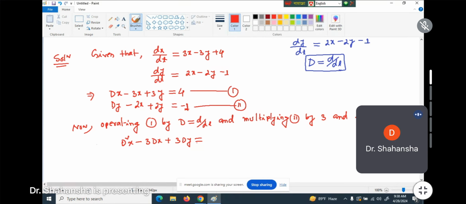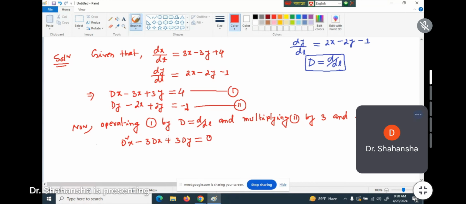Why 0? Because D means derivative. We are operating, meaning taking derivatives. So 4 is a constant, and its derivative is 0. Thank you very much, my dear friends.